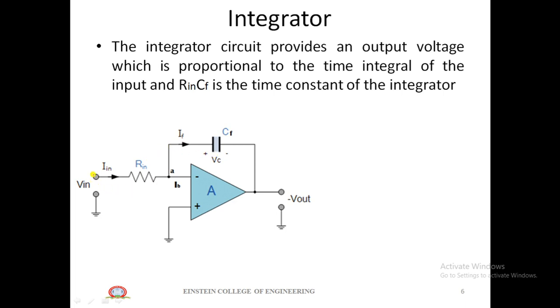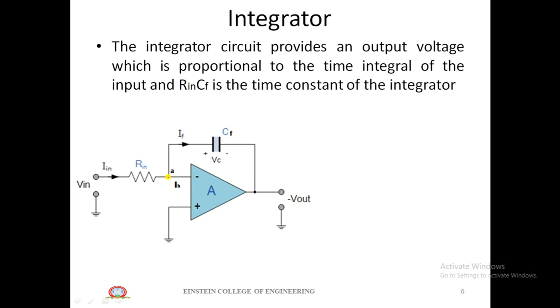The input is given to the inverting terminal of the amplifier and a resistance is connected at the inverting terminal, and in the feedback circuit a capacitor is connected, and the non-inverting terminal is grounded. So in the circuit we can say the terminal A is the virtual ground.